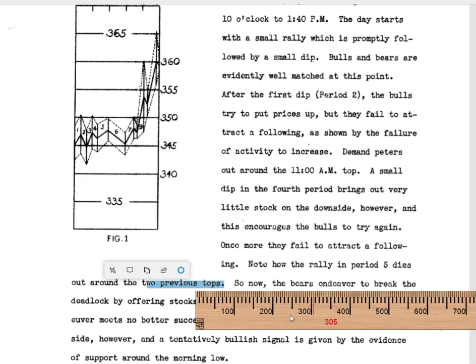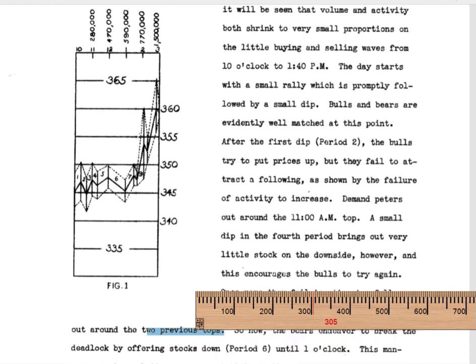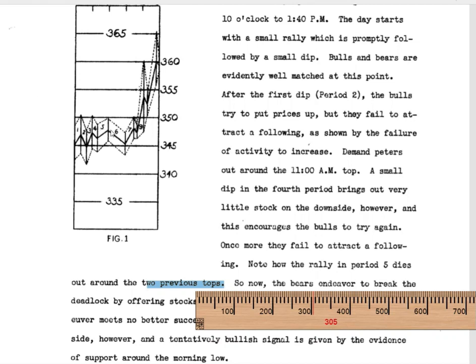So now, what do you think is going to happen if bulls are attempting and they fail the second time? Obviously, bears are going to try, right? Because one side is trying to capitalize on the other side's weakness. So in period 5, they try to capitalize on the weakness in period 4. Now in period 6, the bears are going to try to capitalize on the weakness in period 5.